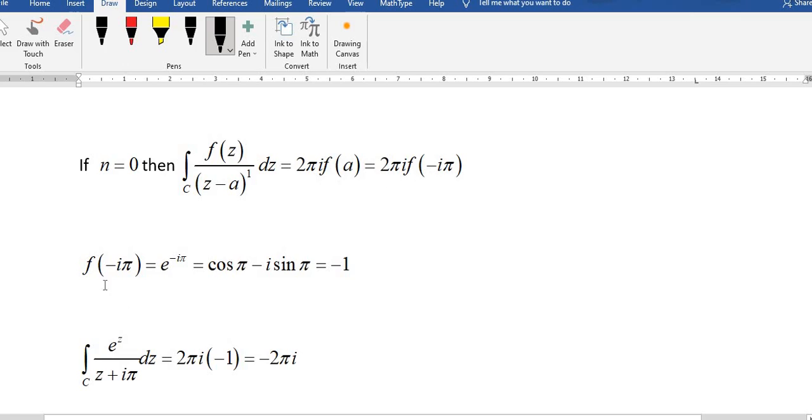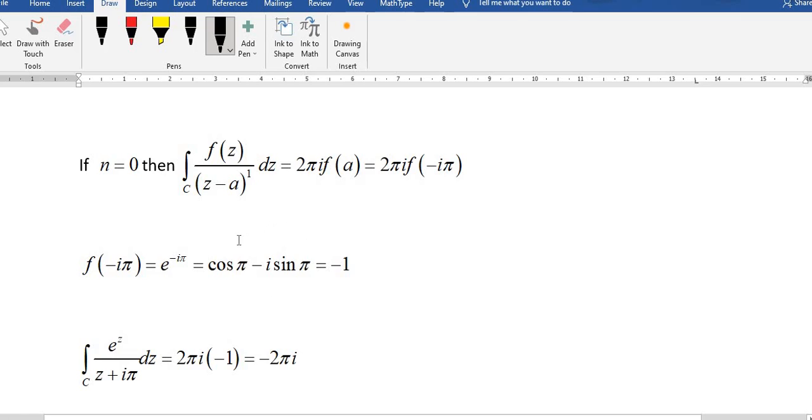Now I am going to calculate f of minus I pi, that is e power minus I pi. That means replace z with minus I pi. The expansion of this, by using de Moivre's theorem, is cos pi minus I into sin pi. But we know the values of cos pi, that is minus 1, and sin pi is 0.